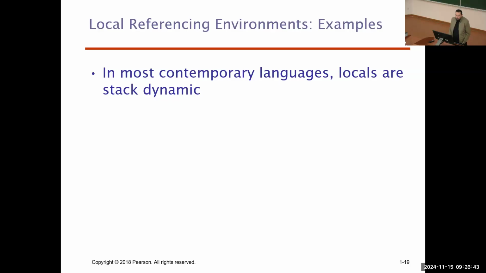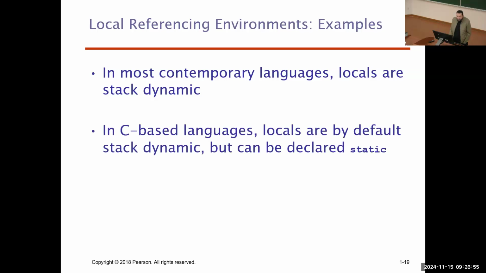Now, in most contemporary languages, locals are stack dynamic. We covered this, correct? So we know that locals are always connected to stack dynamic, not heap. In C-based languages, we also said locals are by default stack dynamic, but can be declared as static. You just put the static keyword. And if you want to make it on a heap, what do you use to allocate memory manually on a heap in C and C++?